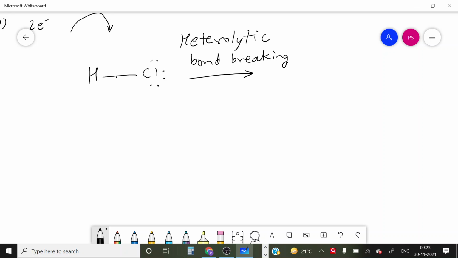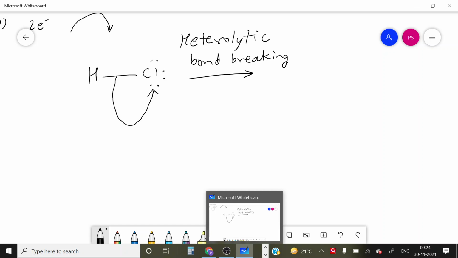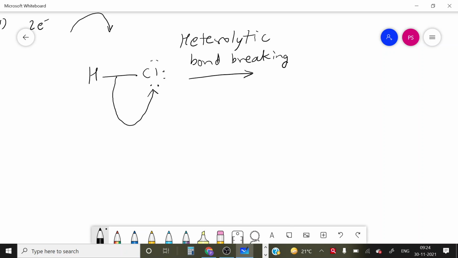And it should be headed at the atom, meaning these two bonded electrons are moving from the HCl bond toward the chlorine, and we get here H plus and Cl minus.